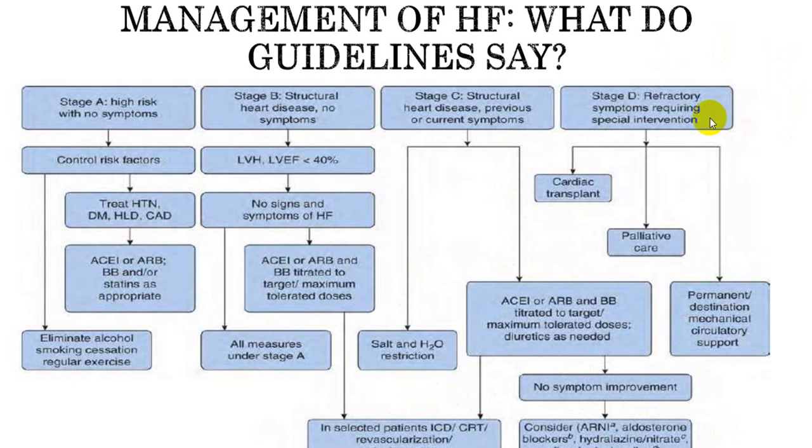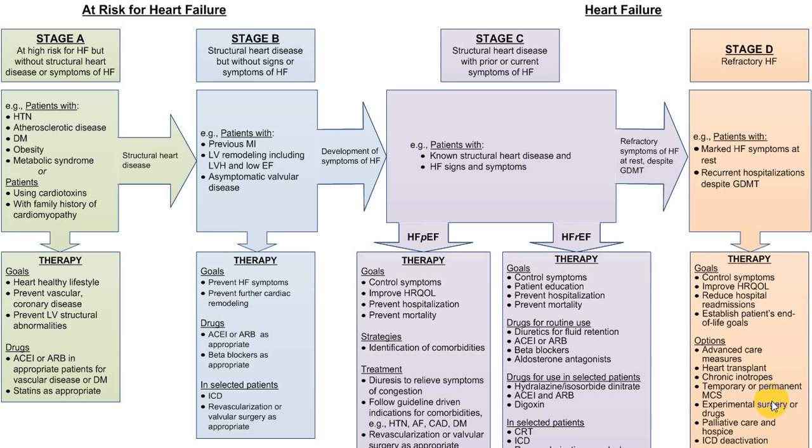And if there is a refractory variety, by and large they require cardiac transplant, palliative care like artificial supports, and the person usually has a poor prognosis. This is a standard chart which everyone is following now: stage A, stage B, stage C, and stage D.